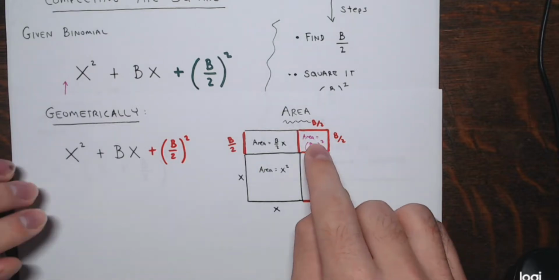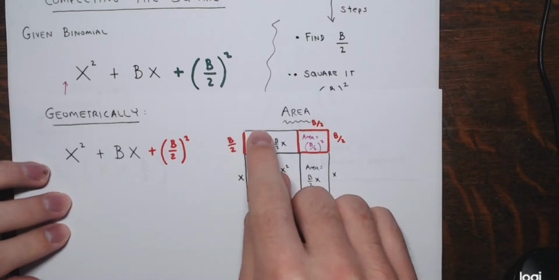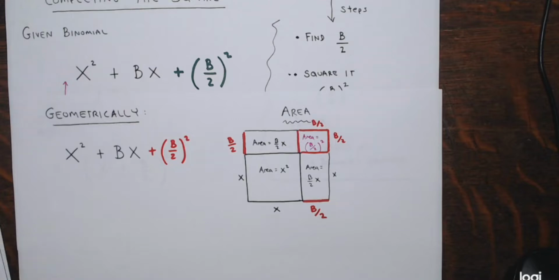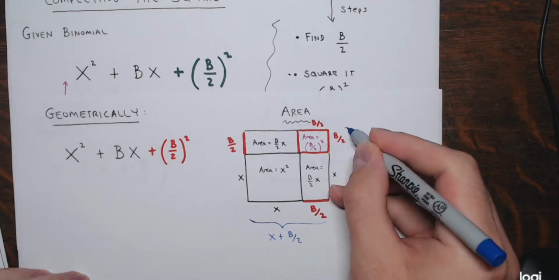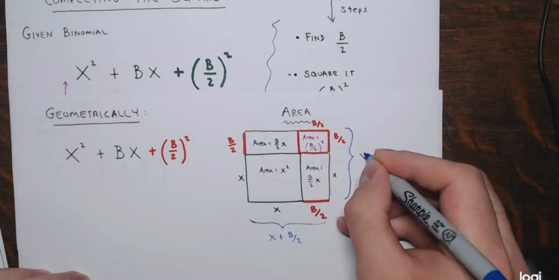And do you see what that's done? Adding this little right corner has made a bigger square; it has completed the square. And what's the length of each side? Well, the length of this side is x plus half of b, and so is the length of this other side of the square.